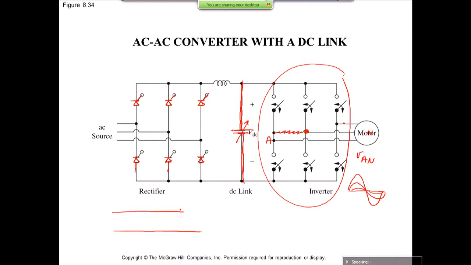But somehow, if you manipulate the system so that this voltage is sometimes going down and then coming back up, and when this voltage is zero, you do a lot of switching, everything is zero at that point, so you actually have minimized your switching losses. So this is called resonant DC link switching schemes.